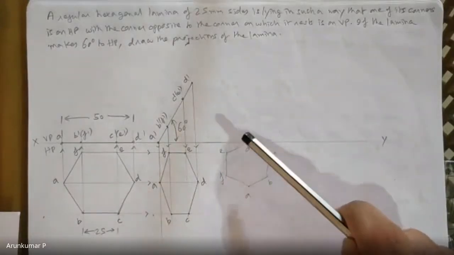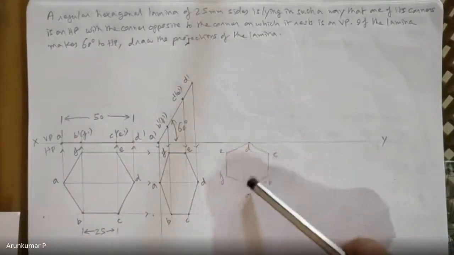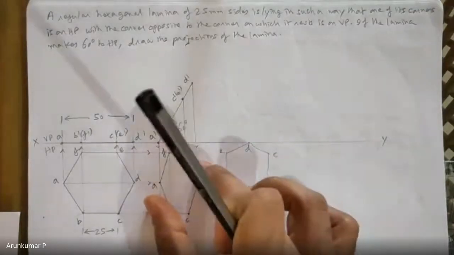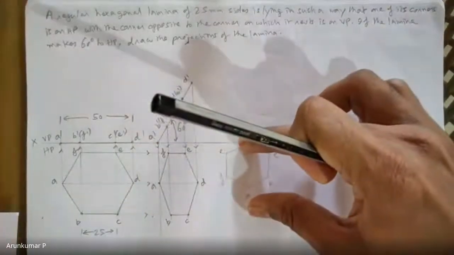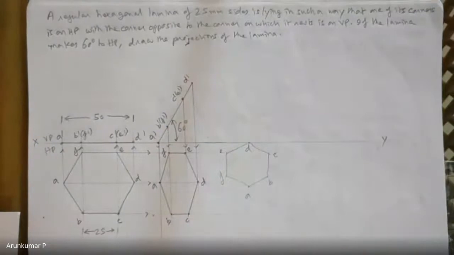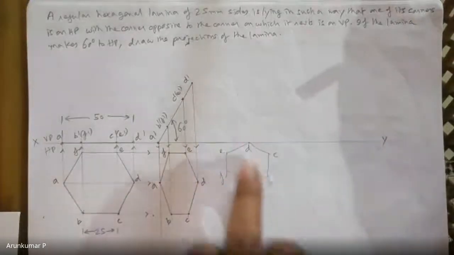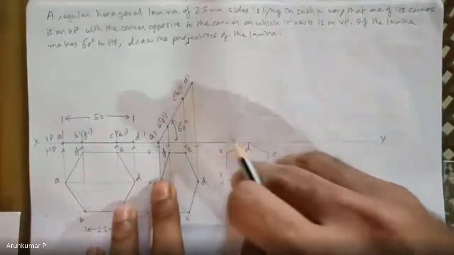D on XY line, A will be directly below it. So you have to rotate it by 90 degrees. Okay, now we'll keep this in mind and draw it to the exact scale.